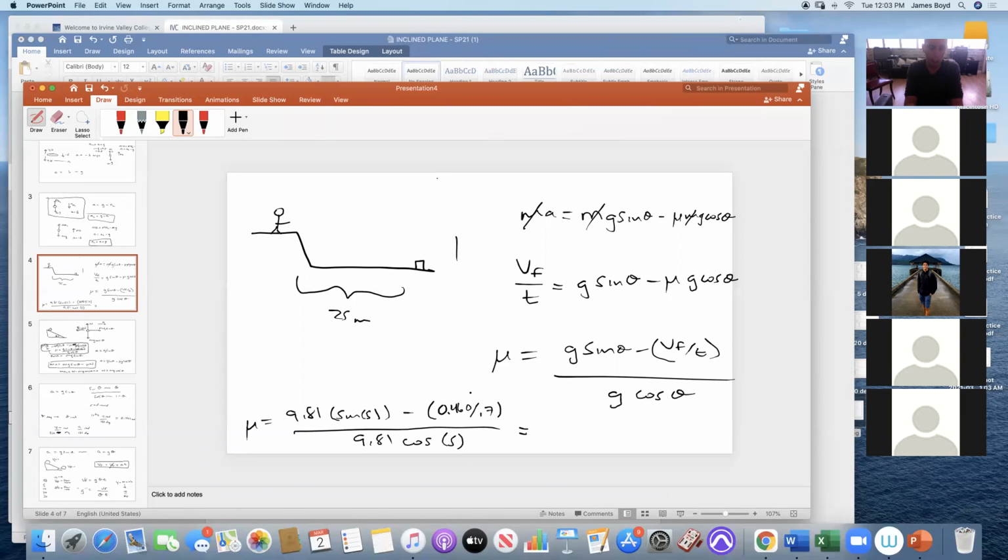So 9.81 sine of 5 minus this answer, 0.0657 or so, divided by 9.81 cosine of 5. And I get 0.02. Very small coefficient of friction here, which is nice. But essentially what this is saying is this is what the acceleration is expected to be, g sine theta.